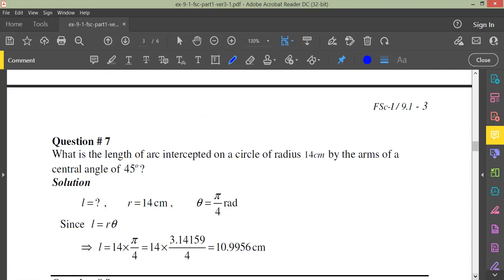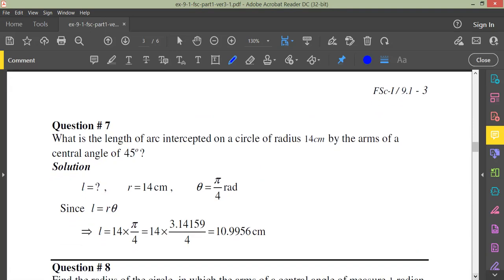After this, if we discuss question number 7, what is the length of arc? This is called arc and this is called line. We can write it as this is line and this is our line segment.